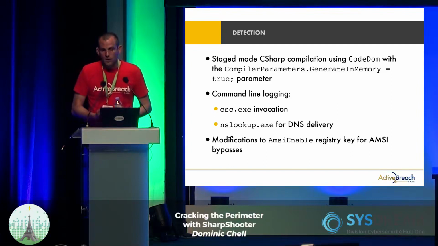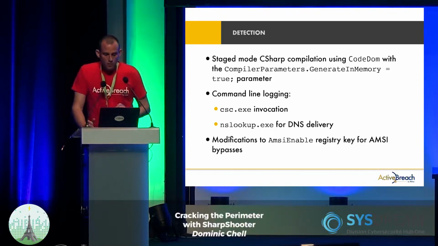So if you're a defender, and you've got command line logging in place with something like Sysmon, and you see lots of nslookup.exe being called, then potentially something malicious is happening. As a defender, you can also monitor the registry for modifications to things like the AMSI enable registry key, because this is not really likely to happen on a workstation through everyday usage.